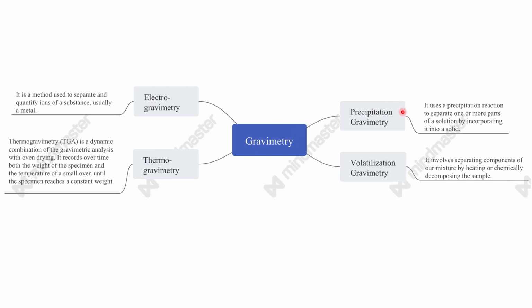So we have different forms of gravimetry available for measuring analytes in different samples. In your syllabus, we have only precipitation gravimetry, but if you would like to know about these other types of gravimetry, I have put some book pages which you can read.